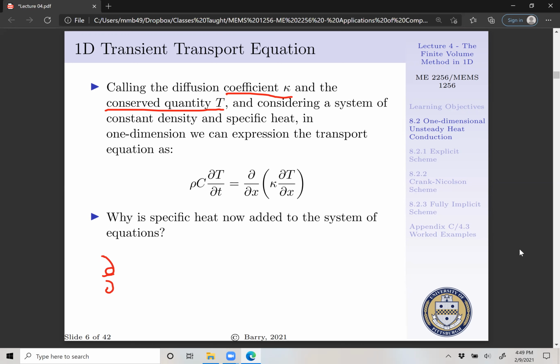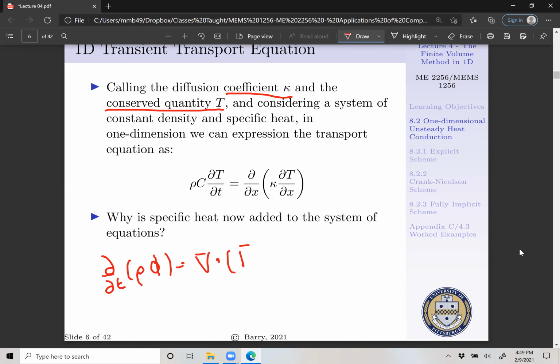So we had del by del t of rho phi equal to divergence of gamma grad phi.